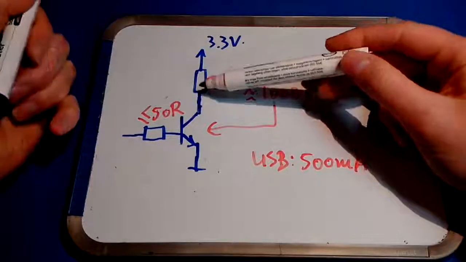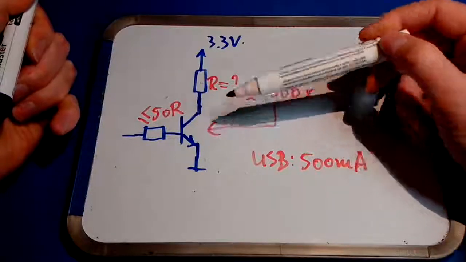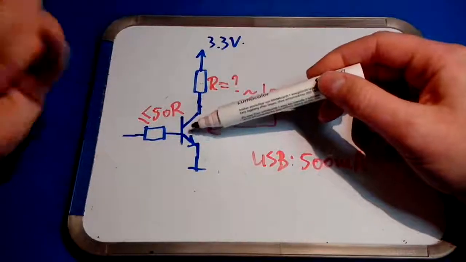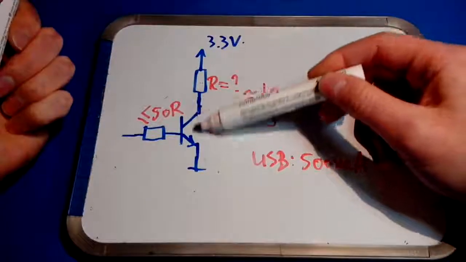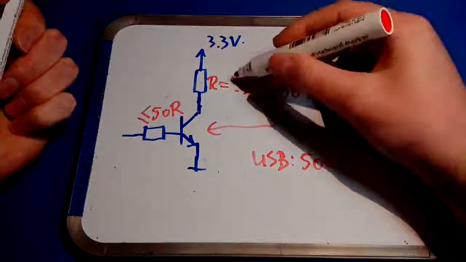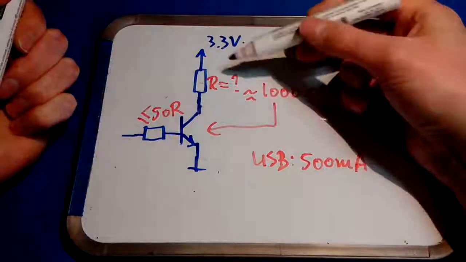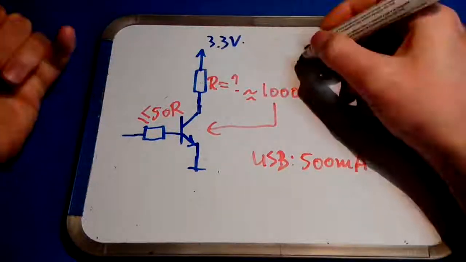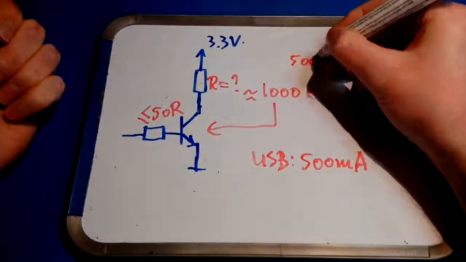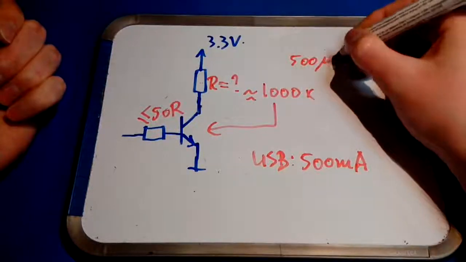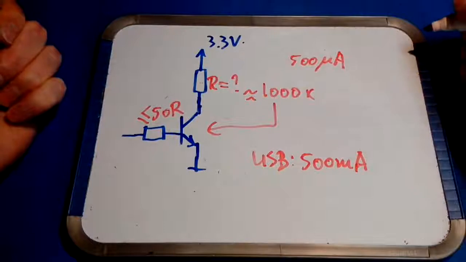Worst case, if every gate inside the CPU would be configured so that the transistor would conduct, then the current through each of these topmost resistors would be at most 500 microamps.